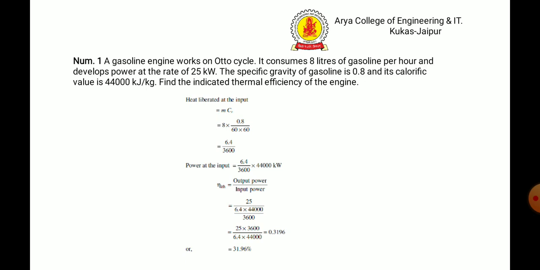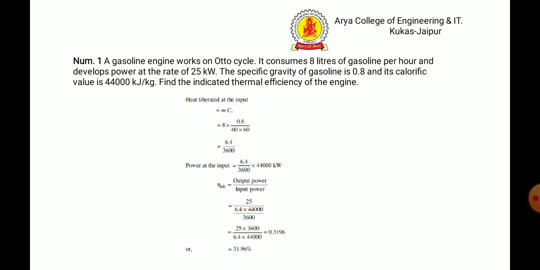This is because the 8 liter of gasoline per hour is consumed. So 6.4 upon 3600 we can get. And now power at the input, when we just multiply this term into CV, that is calorific value of fuel, 44,000 kilojoule per kg.